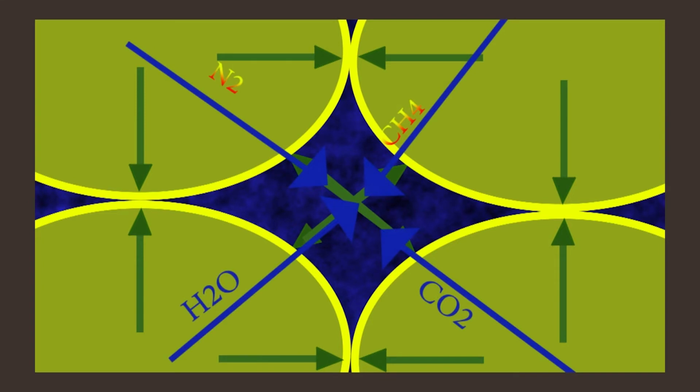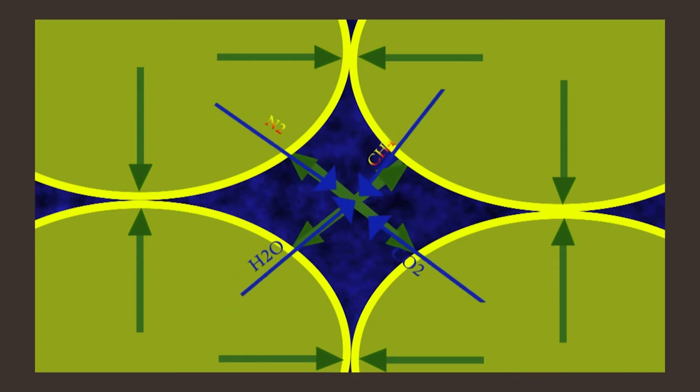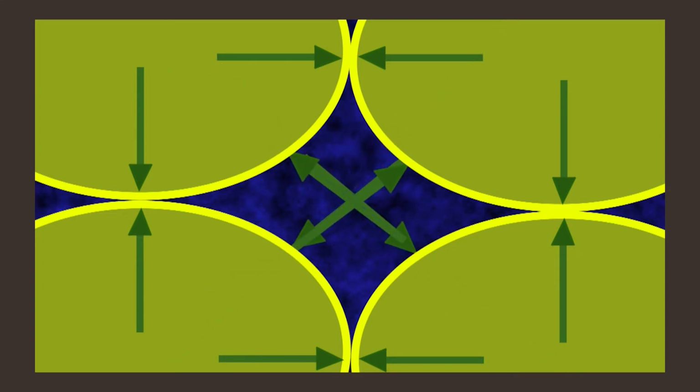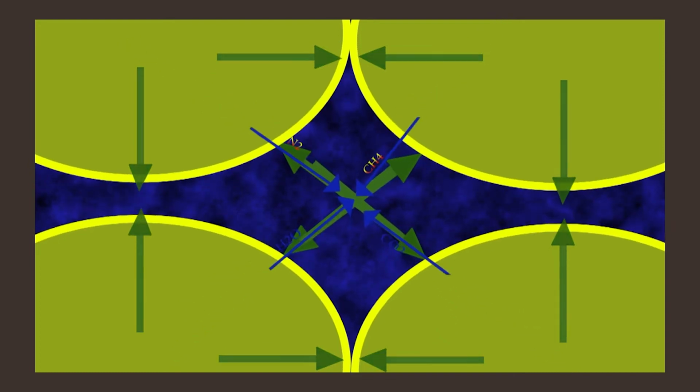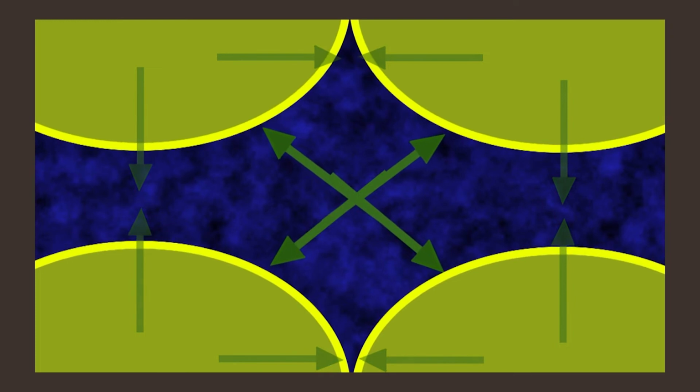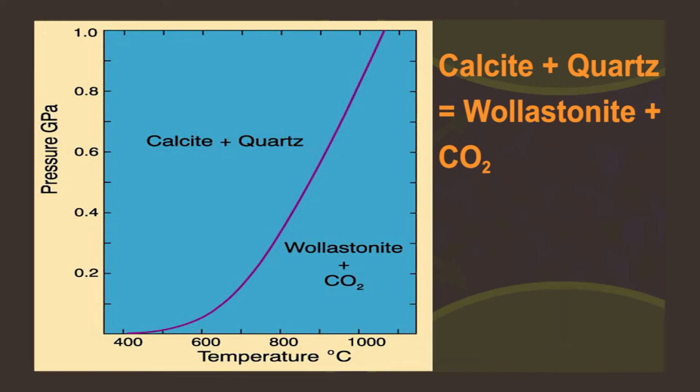In the case of decarbonation reactions, the equilibrium is shifted towards higher temperature with increasing molar concentration of XCO2. A typical example is the reaction, see figure on the screen: calcite plus quartz gives rise to wollastonite plus CO2. It is clearly observed from the figure that the equilibrium curve shifts towards the right with increasing XCO2.